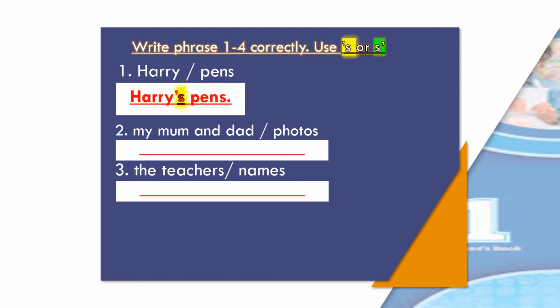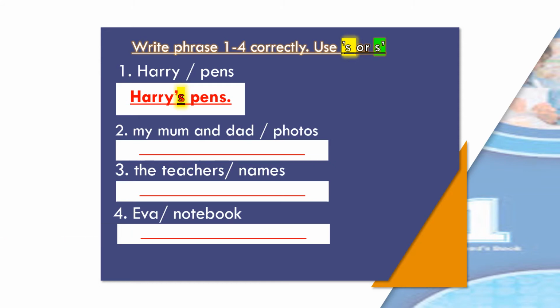And lastly, number 4, Eva, slash notebook. Eva, is it one or more? Then write your answer here. So your first work for today is this one. Write it in your exercise book and send the photo to me through Google Classroom or through WhatsApp. Okay? Next.